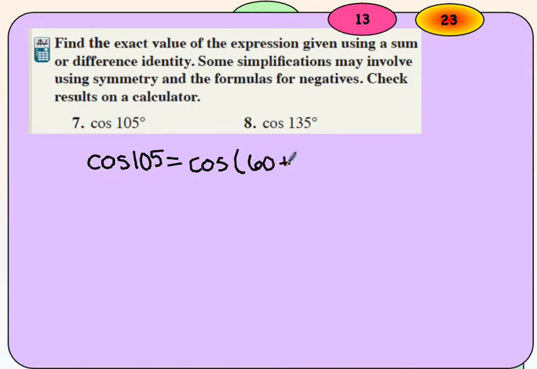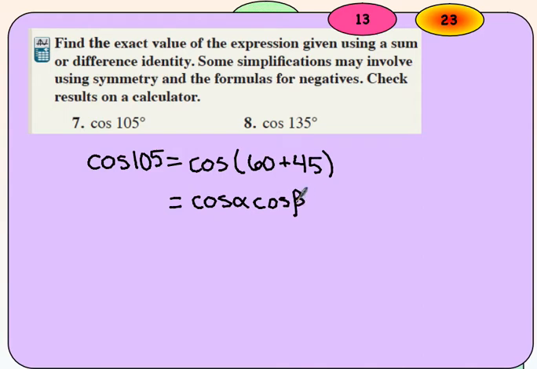And I chose 60 and 45 because 60 and 45 are 2 of the values I know well on my unit circle. So the cosine of 105 is then going to equal, using our equation we used earlier, our cosine of alpha times the cosine of beta.